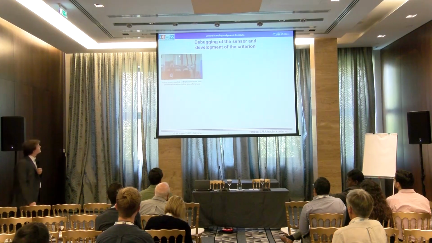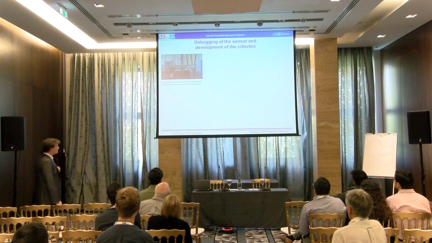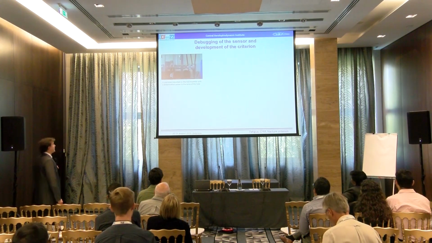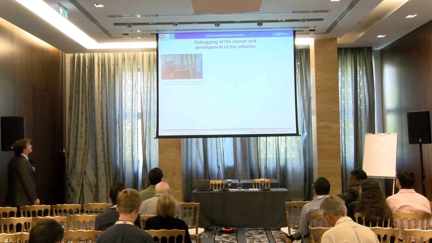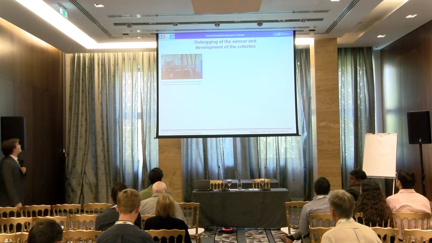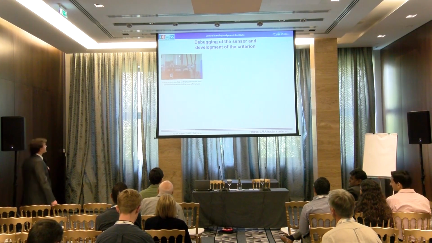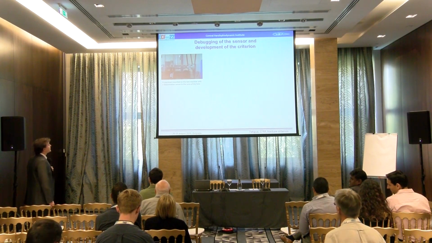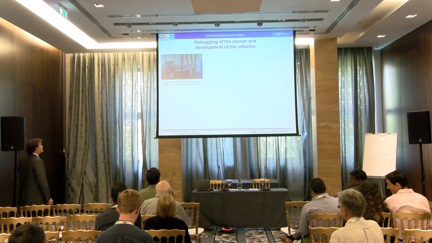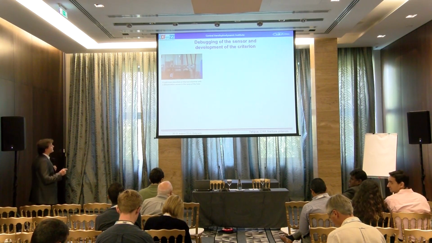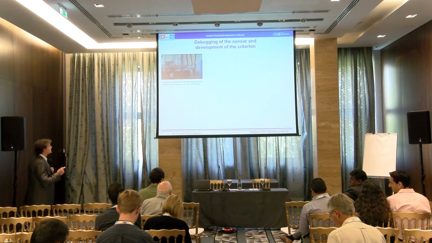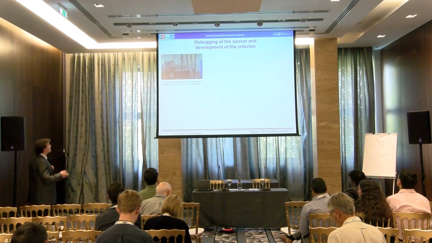Let's move to another chapter: debugging of the sensor and development of the criteria. On this picture, you can see a specimen mounted on the test machine with a delamination sensor in the zone of the hole. The work of this delamination sensor was based on continuous fixing of thickness of specimen around the hole.